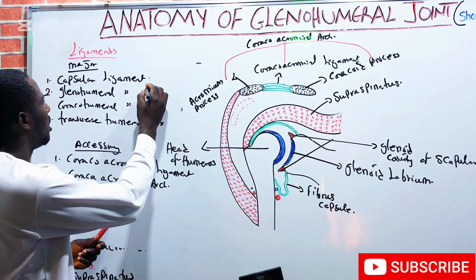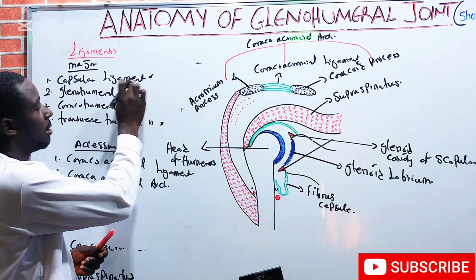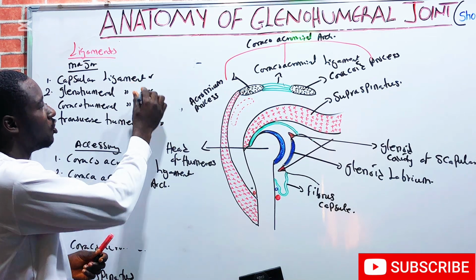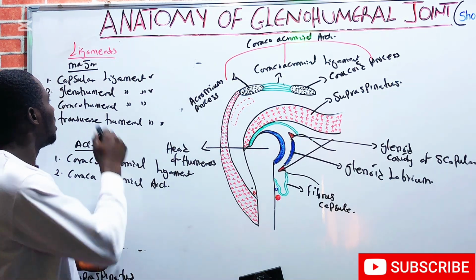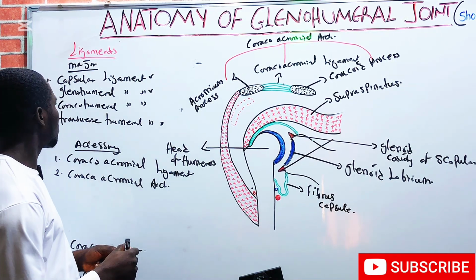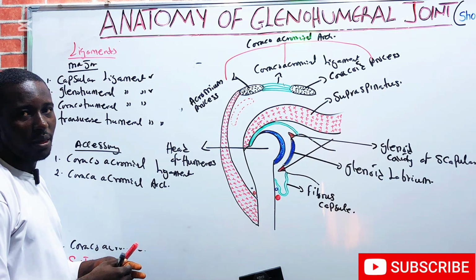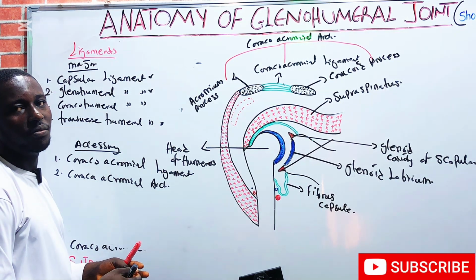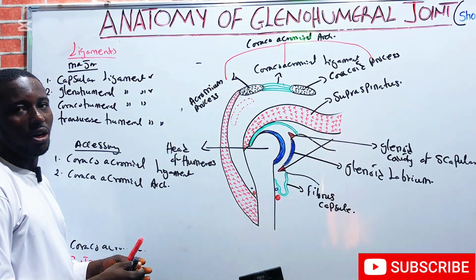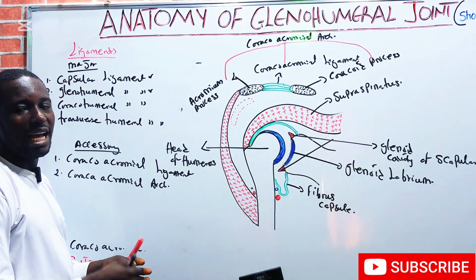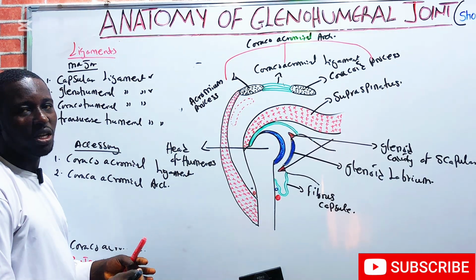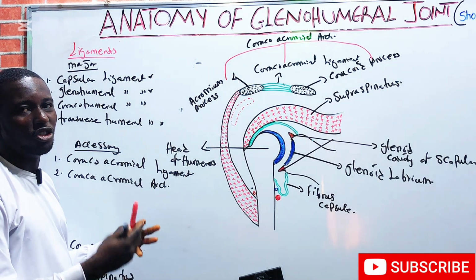Now, we have discussed the capsular ligament. The next is the glenohumeral ligament. The glenohumeral ligament of the shoulder joint forms 3 thickenings of the anterior aspect of the joint capsule.